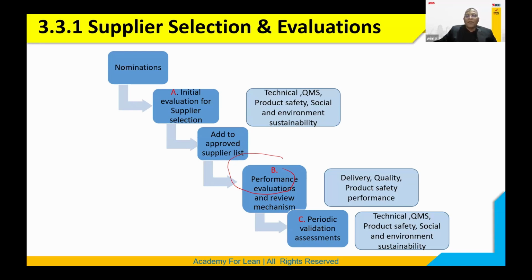Then what we have to do is, again, we have to do the process audits and, based on the initial assessment like we did here, do a similar one from time to time, maybe at least every 2 years down the line. You have to reassess and validate whether they are maintaining the same standards. So these are the 3 key gates, 3 elements of supplier selection and evaluation, right?